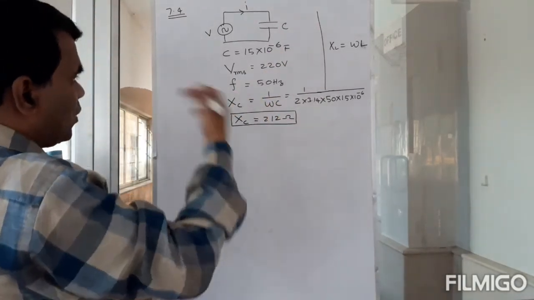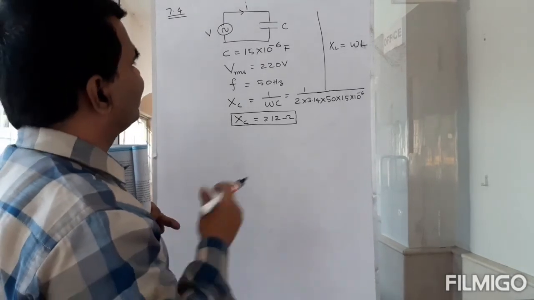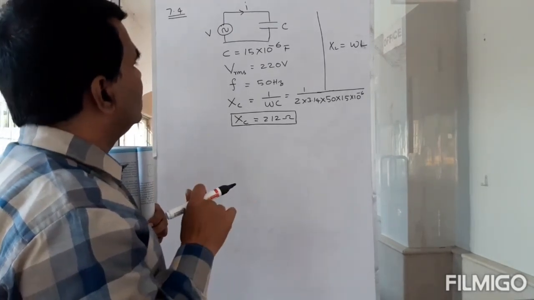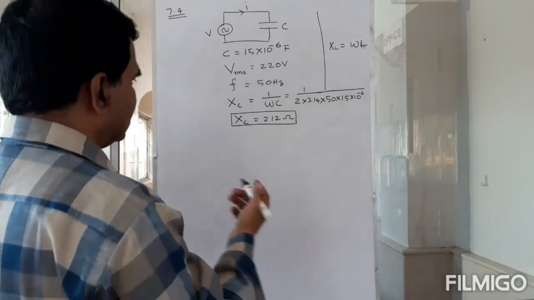Then what's the current value? That's easy to get, right?